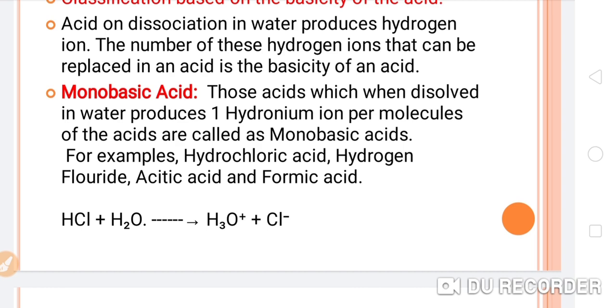So here you can clearly see that HCl has only one hydrogen. So here we will get only one hydronium ion and one chloride anion. This is monobasic, because if you are getting one hydronium ion on dissolving any acid inside the water, we can consider it a monobasic acid.